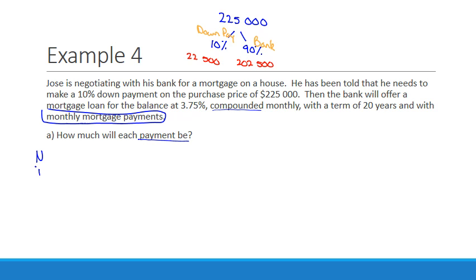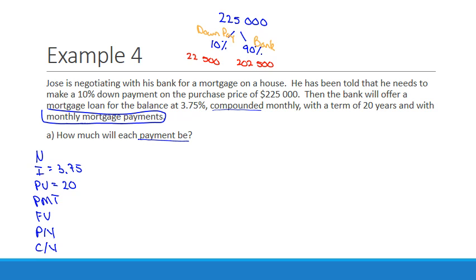So, time to write out my calculator settings. Again, he's already paid $22,500 himself because he had to come up with a down payment. It says the bank will offer a mortgage loan for the balance. That means the rest of it. The interest is 3.75.